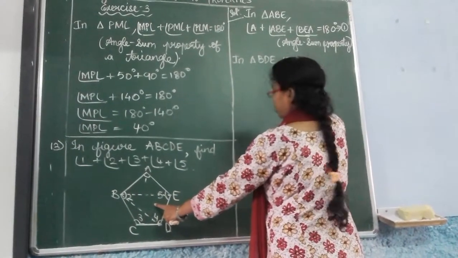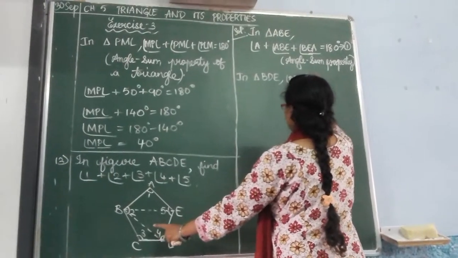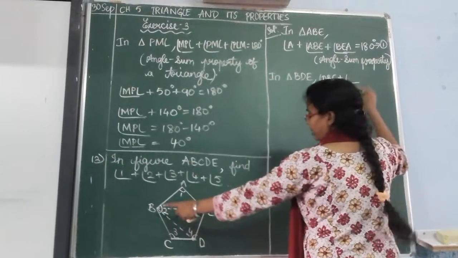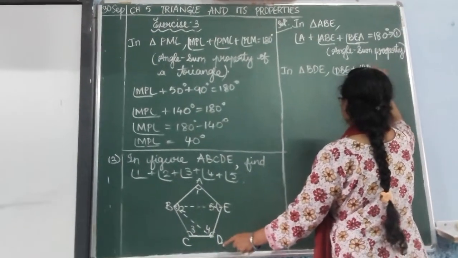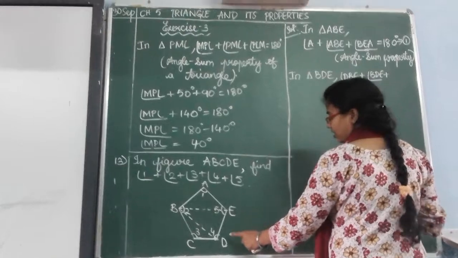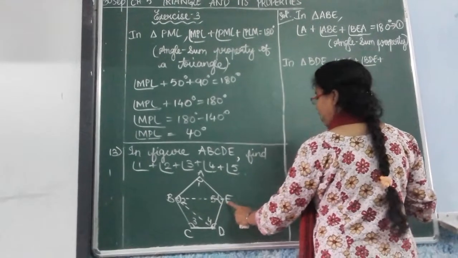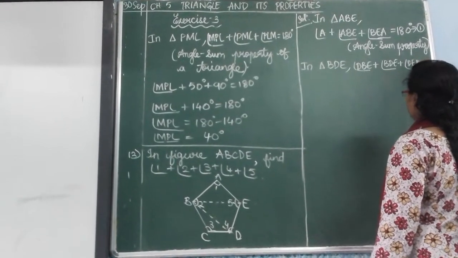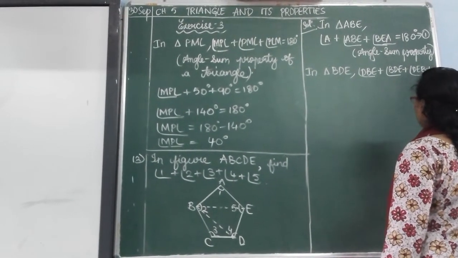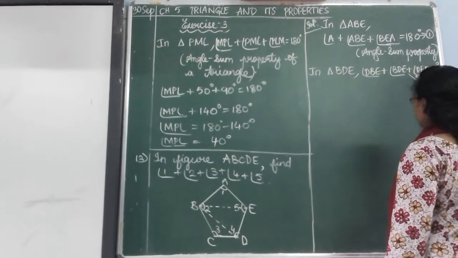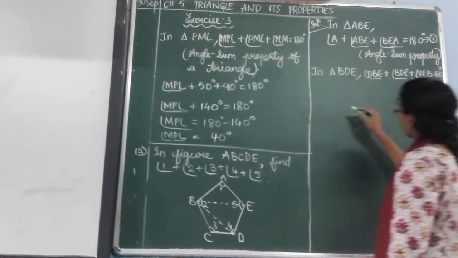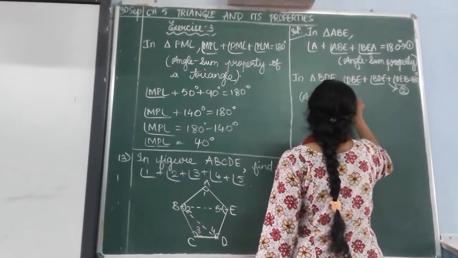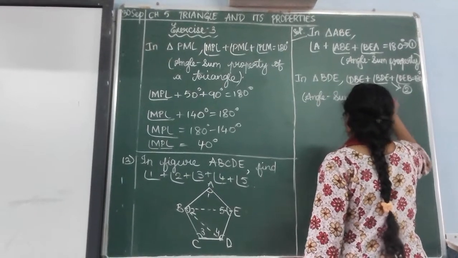So here I am going to write angle B as BDE, plus the next one is angle DEB. This is equal to 180 degrees, and this is your equation 2. Why did we write this? Angle sum property of a triangle.